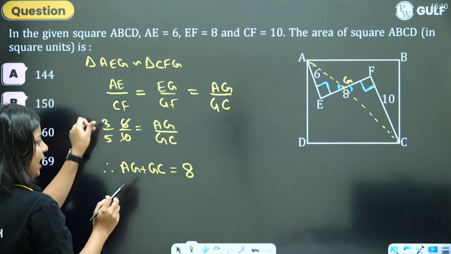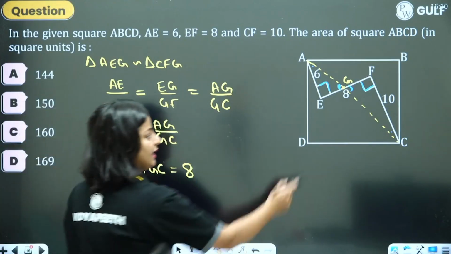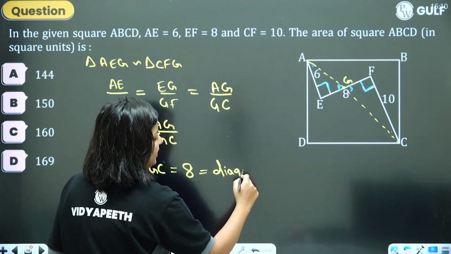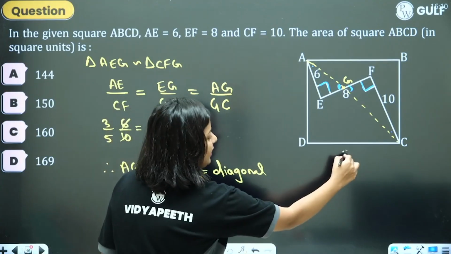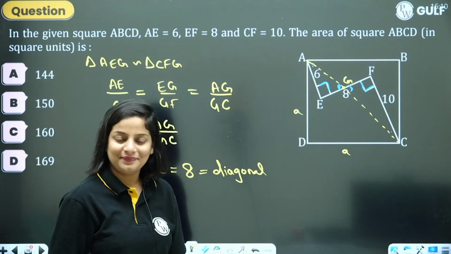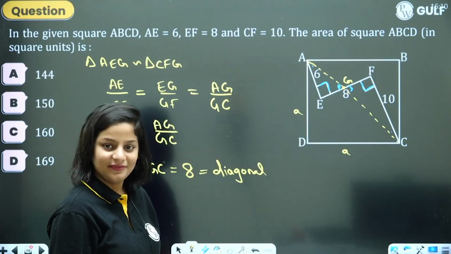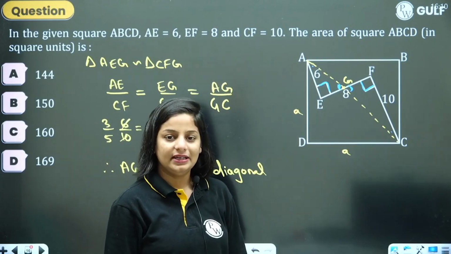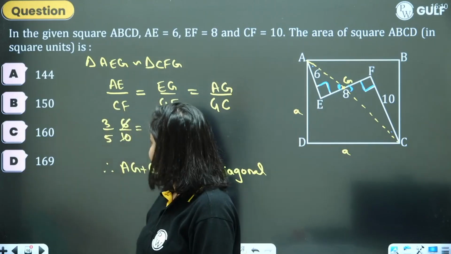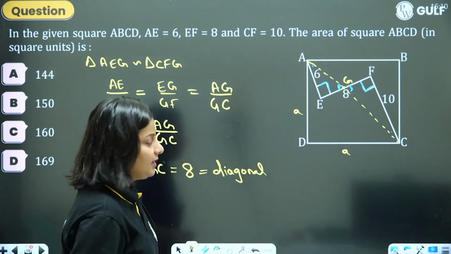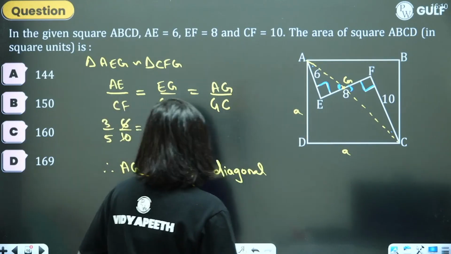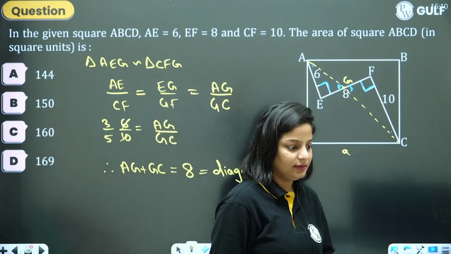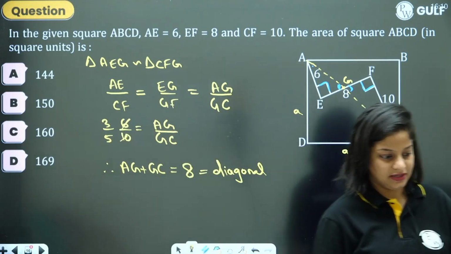The ratio you add, AG plus GC is 8. AG plus GC is your diagonal. But if you know the diagonal, can you find the area of the square? You all can, right? If diagonal is known, what is the area of a square? Diagonal square by 2. Is there anything else? Let's calculate. Diagonal will be 8 only. 3 plus 5, 8.